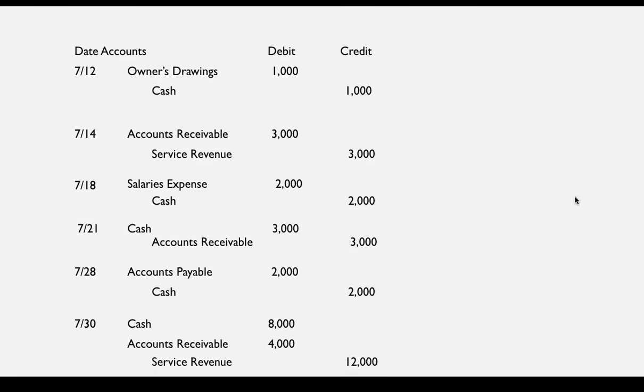Now, part B of this problem is to prepare a trial balance. There's no way that just looking at these journal entries real fast, you know what the balances in all these accounts are. So what we need to do is post these transactions into T accounts or into a ledger.